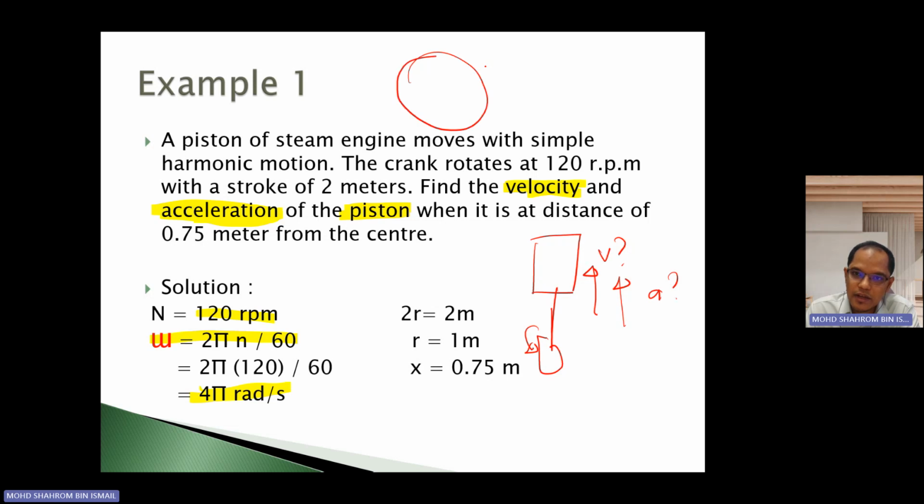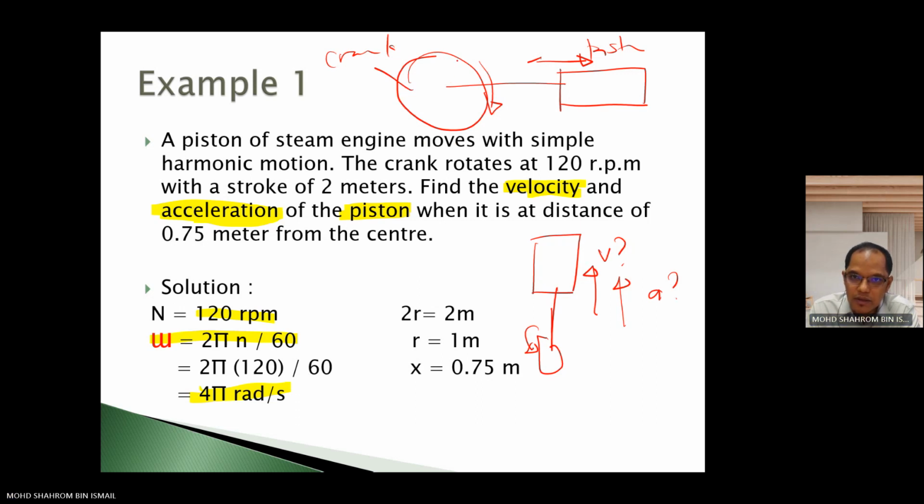This is the shaft, this is the piston, and of course, this is the crank. If it moves clockwise, it moves in the right direction. It moves here. Full stroke is 2 meters, meaning it goes the full stroke.